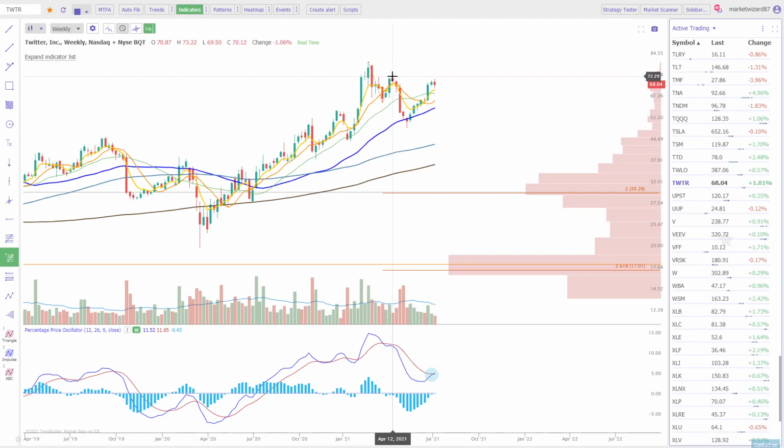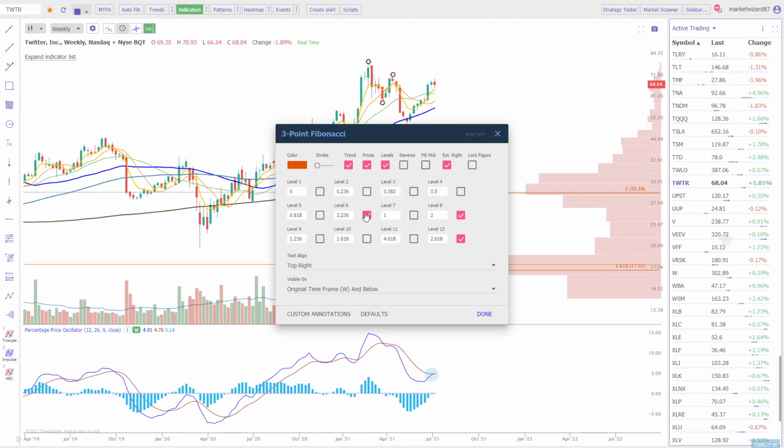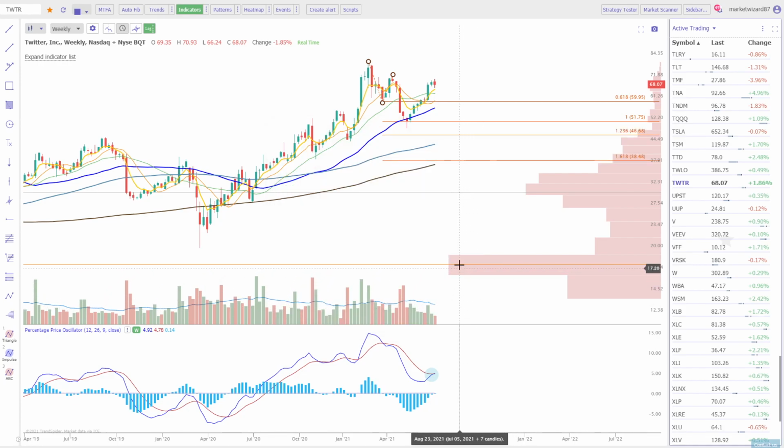So if this is an ABC, what we want to find is the 618, the 1, and the 1236, and the 1618. Okay. During every zigzag ABC correction, and these rules you can go find out on the interwebs, you're going to find wave C is equal to 618, 1, 1236 of wave AB.